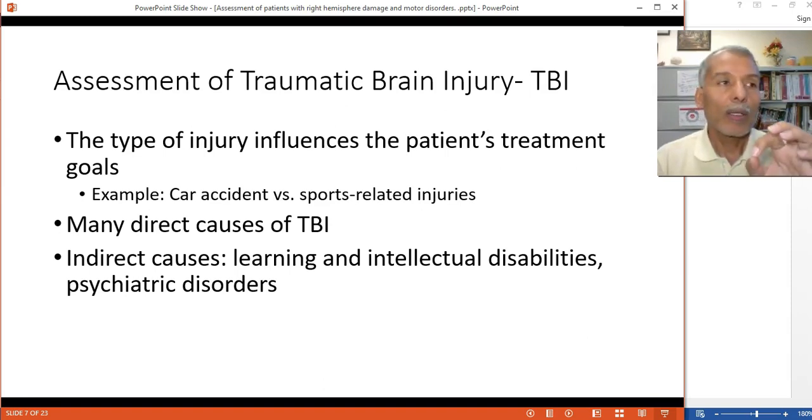As I mentioned, TBI is a very diverse, very unpredictable area where damage can happen in any place with any level of severity depending on the conditions of the accident.